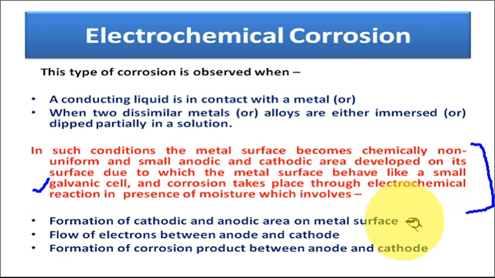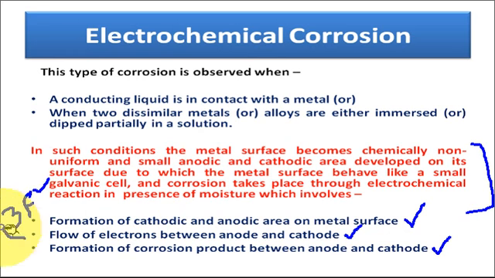First is the formation of cathodic and anodic areas on the metal surface. Second, flow of electrons between cathode and anode. Third, formation of corrosion product between anode and cathode.